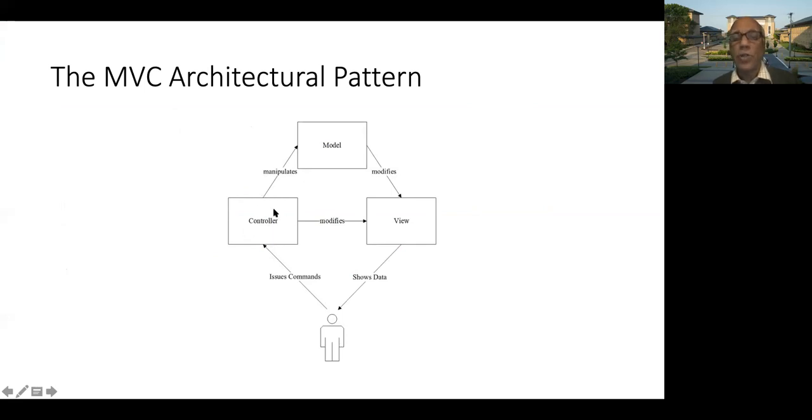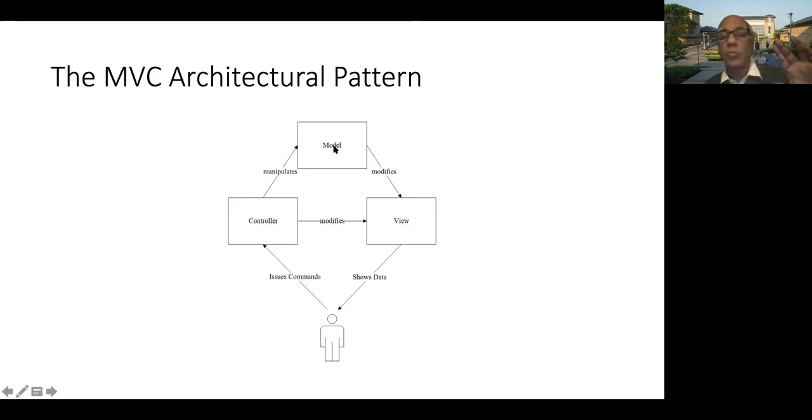As the controller gets commands, it very often deals with the model. It inserts things into the model, it modifies things in the model, and sometimes it tells the view to do things. And whenever the model changes, the view is supposed to listen to that and show the data appropriately. So that is the interaction between model and view.